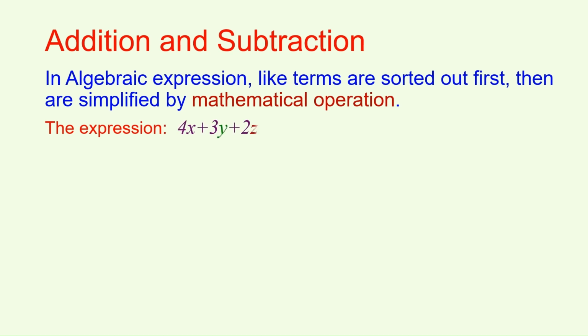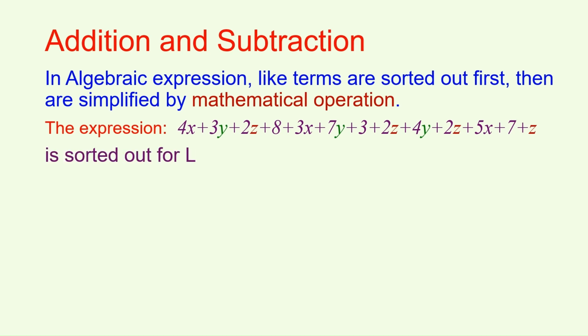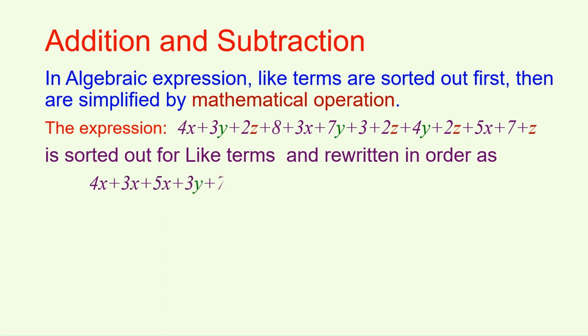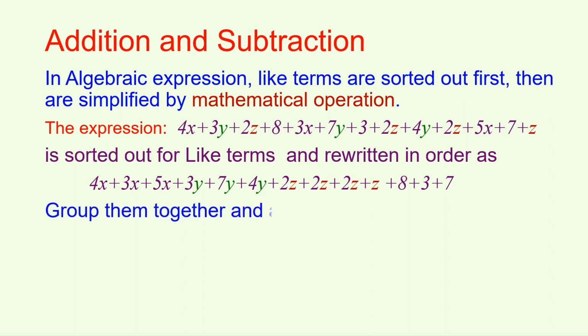The expression 4x plus 3y plus 2z plus 8 plus 3x plus 7y plus 3 plus 2z plus 4y plus 2z plus 5x plus 7 plus z is sorted out for like terms and rewritten in order as 4x plus 3x plus 5x plus 3y plus 7y plus 4y plus 2z plus 2z plus 2z plus z plus 8 plus 3 plus 7.